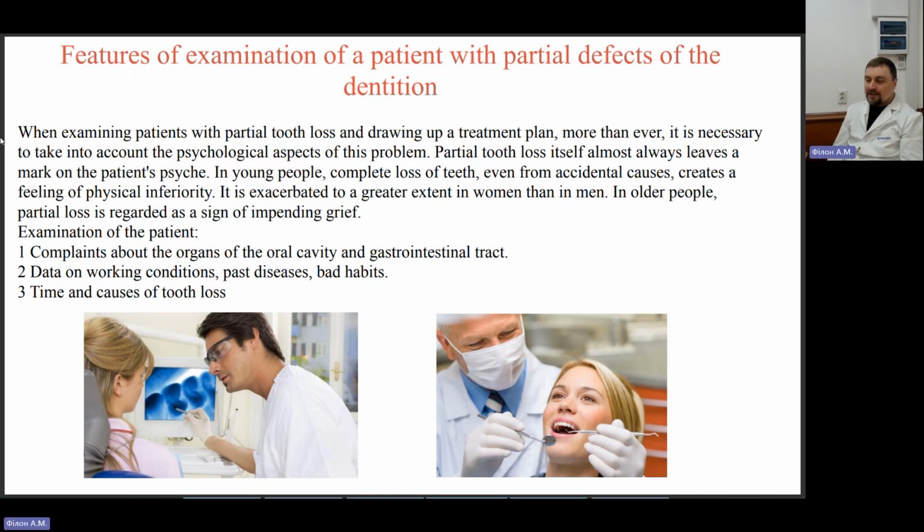So it's about diseases. When you examine your patients, when you ask them about all these aspects like work conditions, diseases, habits, the patient should give you all this information. They should be honest with you.